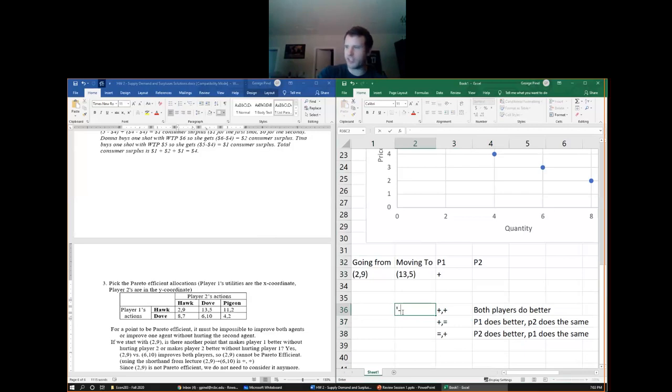Also, if I see a minus or a minus equal or an equal minus, then if I were to switch the going from and moving to points, I'd be in these 3 scenarios. So if I were to just switch what I'm considering, then the moving to point can't be Pareto efficient.